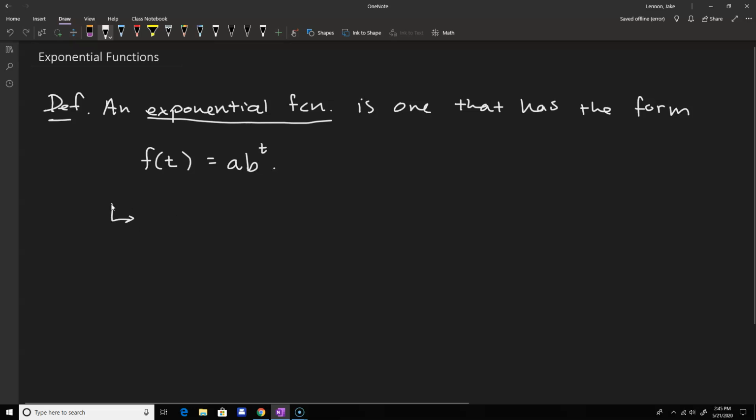So again, as mentioned, this is characterized by a multiplicative change in the output for a fixed additive change in the input.